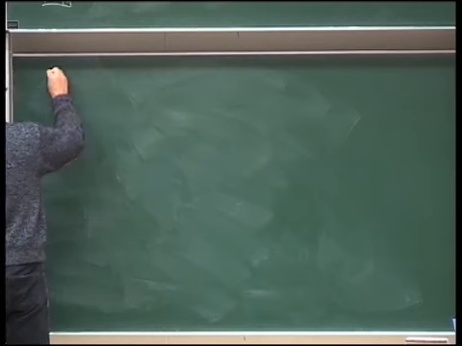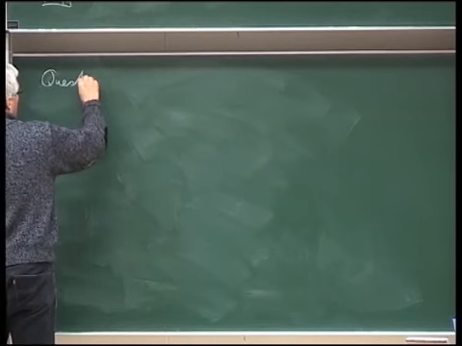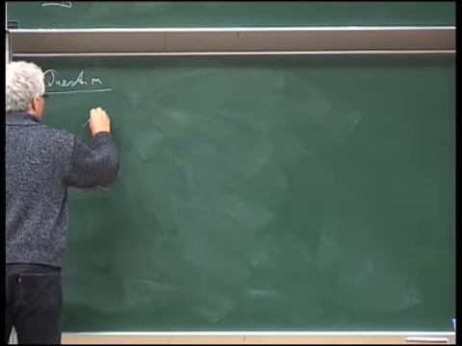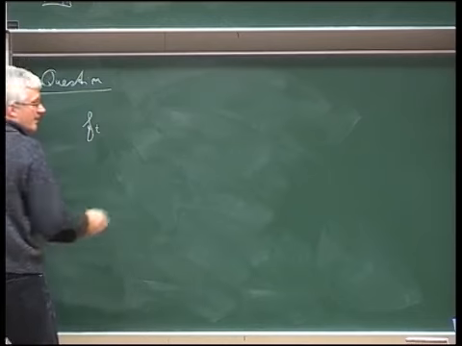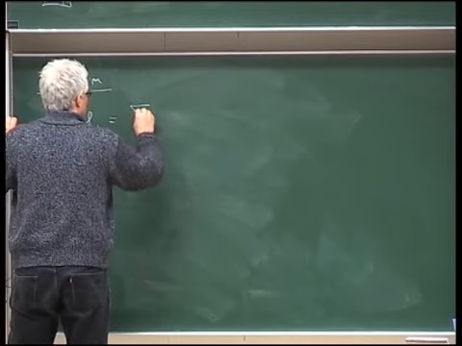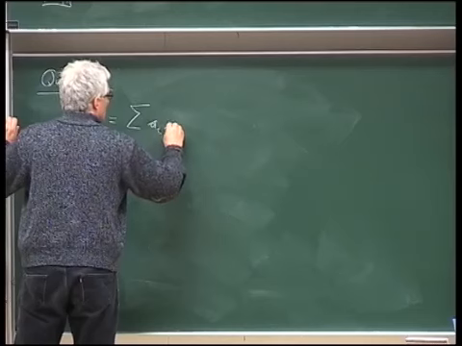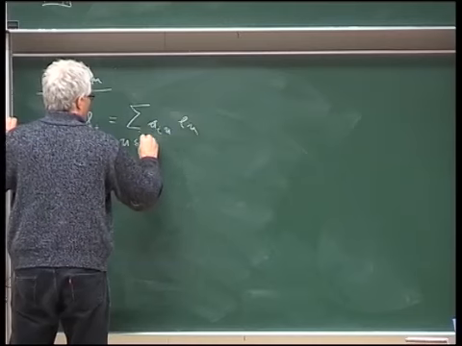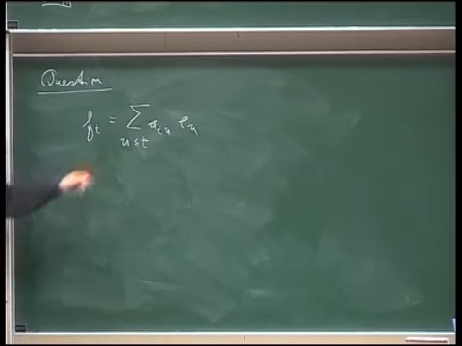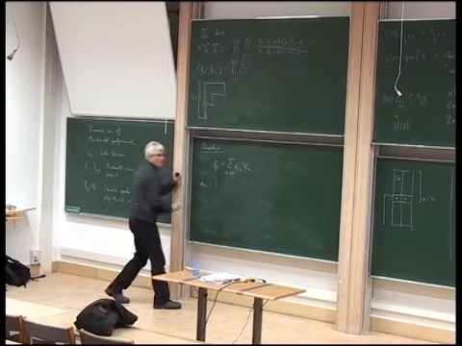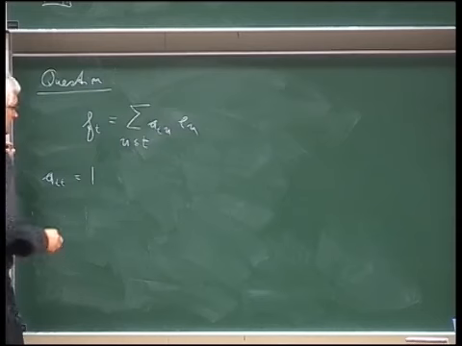So the question: if you write f_t in terms of the standard basis, the sum of a_{t,u} e_u, where u is less than t, this is quite obvious, then obviously a_{t,t} is going to be 1. But can we say anything about the other coefficients?